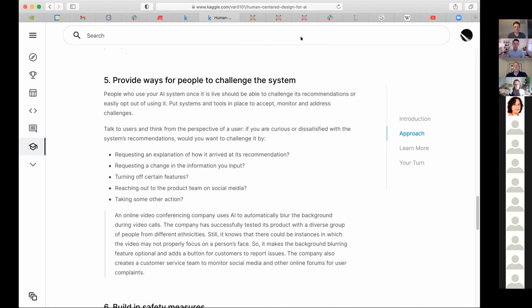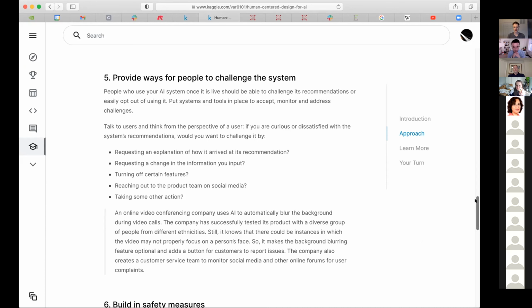So the example provided is an online video conferencing company that uses AI to automatically blur the background during video calls, but the automatic blurring function may not properly focus on a person's face, and maybe the reason that it's not focusing on a person's face is asymmetric based on the skin tone of that person's face, so it may blur some ethnicities' backgrounds more often than others, and this could cause operational and other concerns down the road.